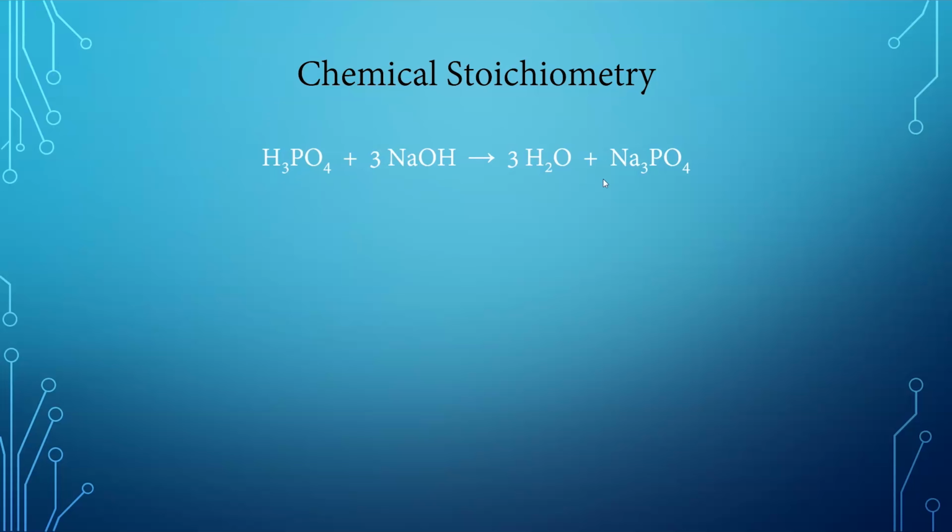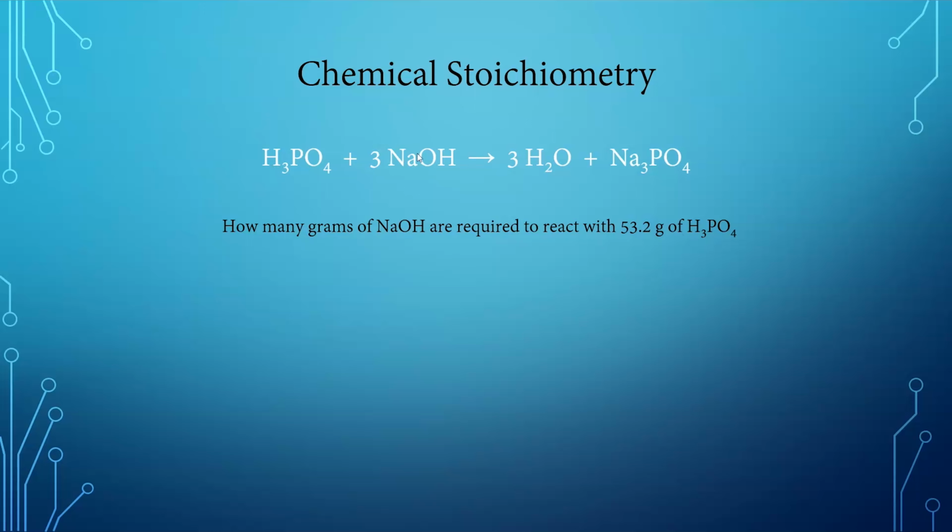Let's consider this acid-base reaction between phosphoric acid and sodium hydroxide. How many grams of sodium hydroxide would you need to react with 53.2 grams of phosphoric acid? Well, we're running into the same problem we did a minute ago in our cookie example.